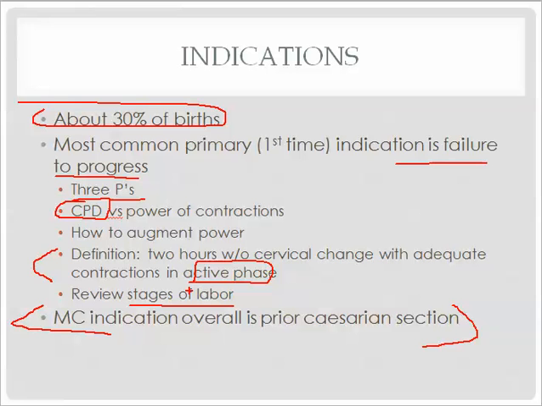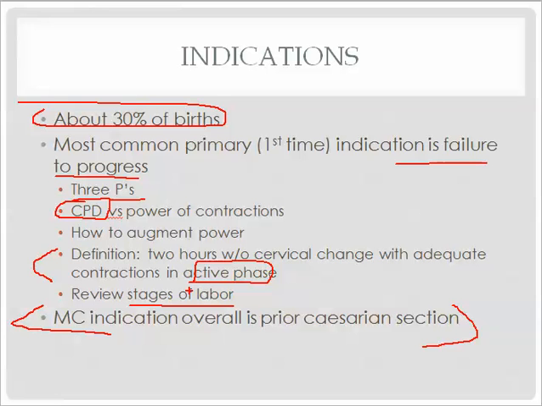The latent phase is when you're having slow cervical change, usually from about 0 to 4 centimeters. The active phase is when you're having faster cervical change. If you saw the rate of change being plotted out, the rate would increase when you go into the active phase, and that usually happens after 4 centimeters. So if you're in the active phase and you haven't had a lot of change after 2 hours, you could call that failure to progress.